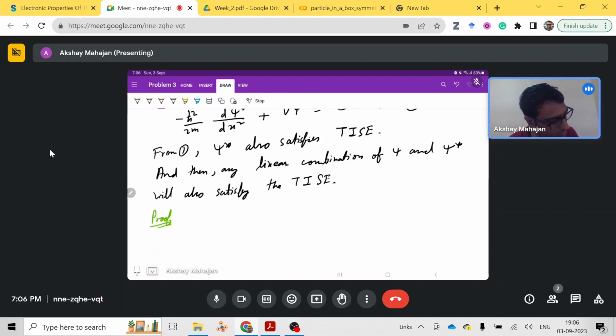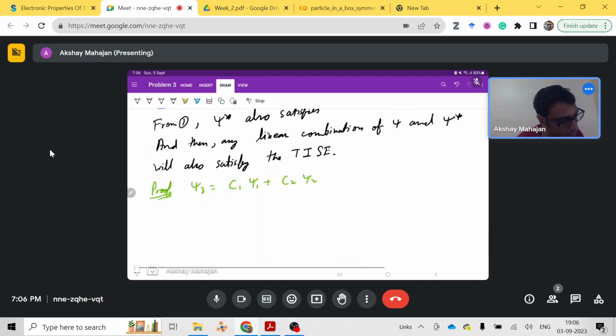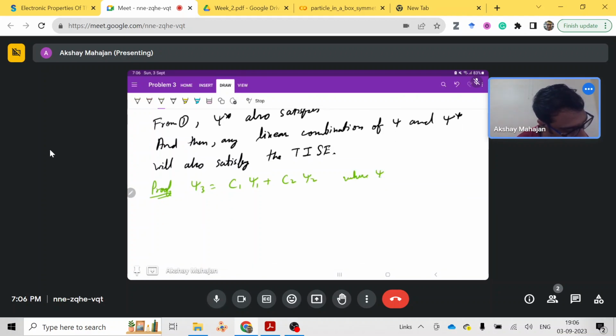Let me just prove it for a general case. Basically, let's say we have psi 3, which is C1 psi 1 plus C2 psi 2, where psi 1 and psi 2 satisfy the TISE with the same energy eigenvalue E. I am taking these to be degenerate states.